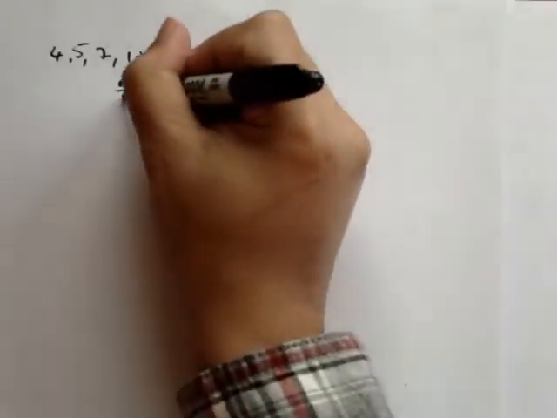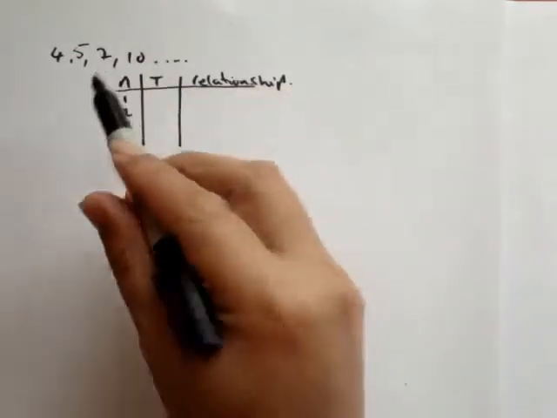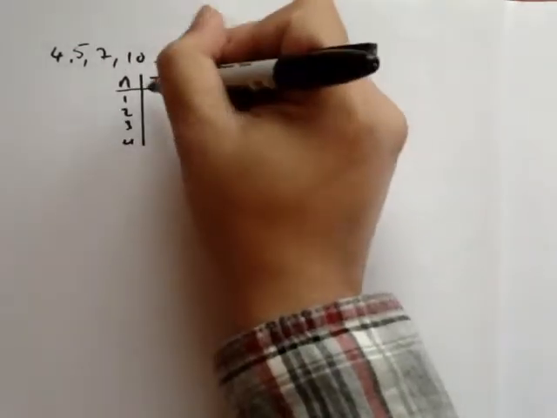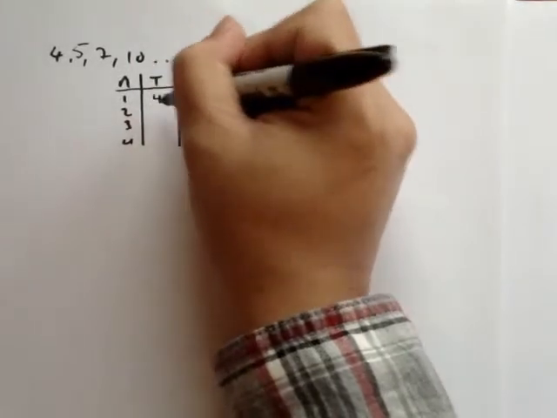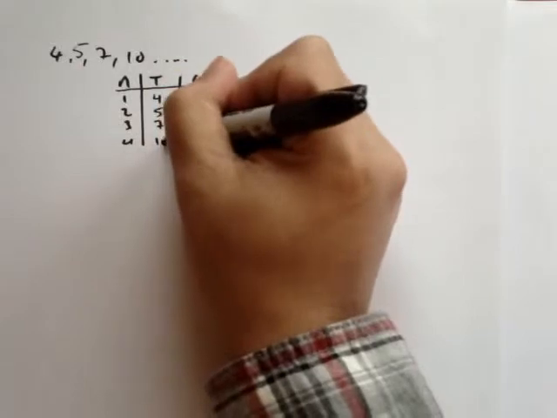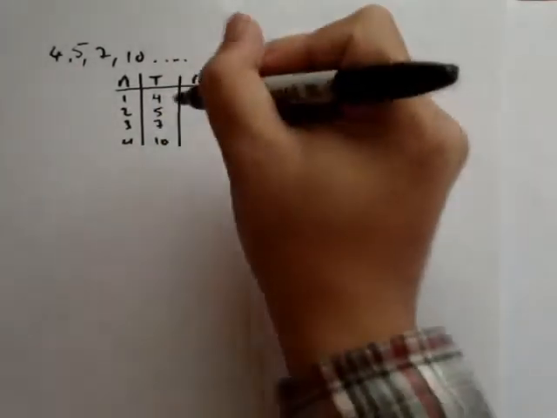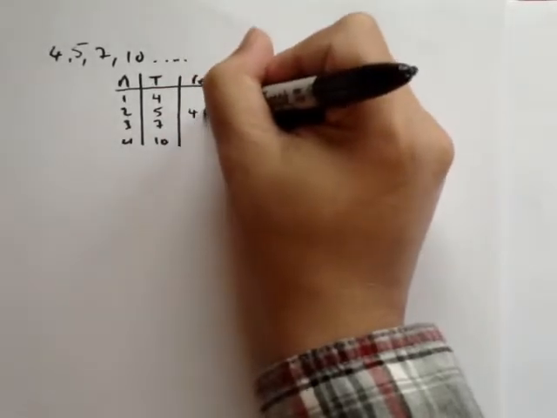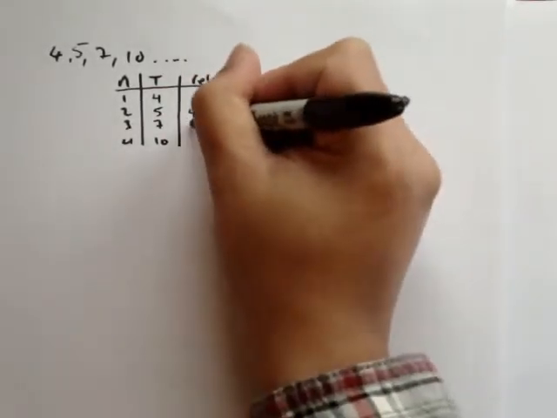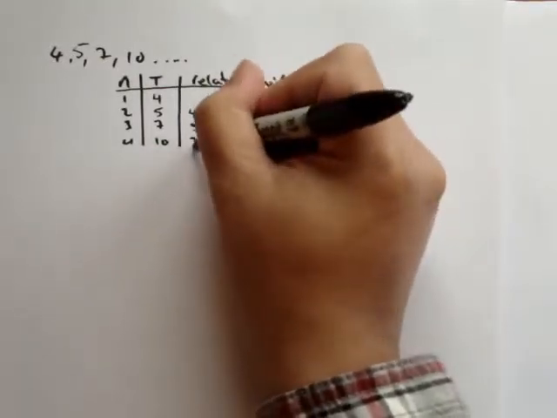So here we have 1, 2, 3, 4. We list 4, 5, 7 and 10 as those terms, and our relationship to the previous term is 4 plus 1, 5 plus 2, 7 plus 3.